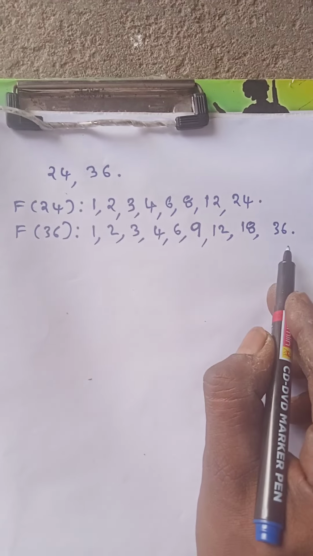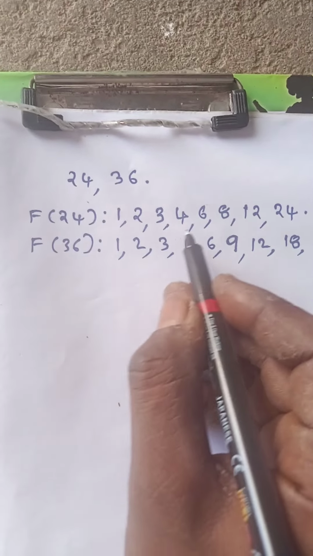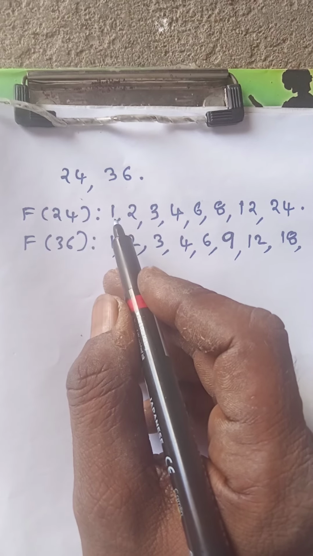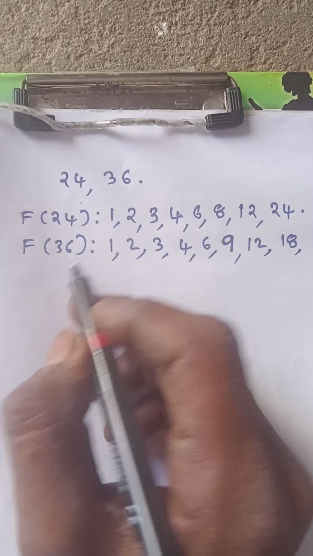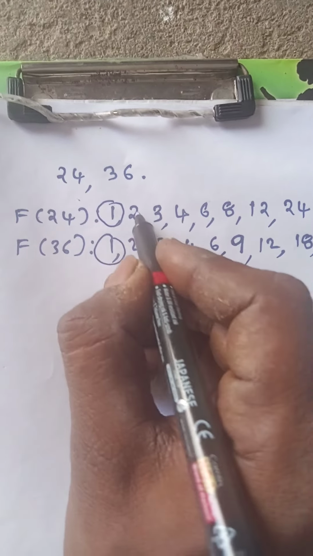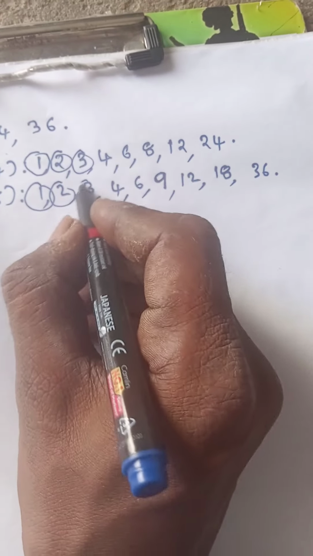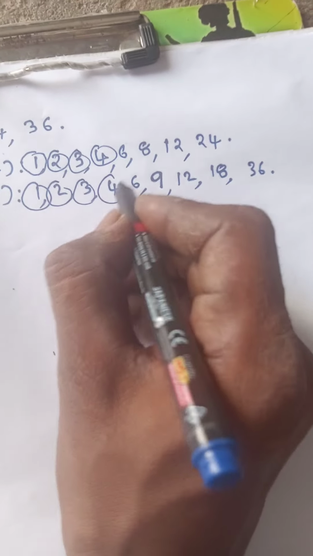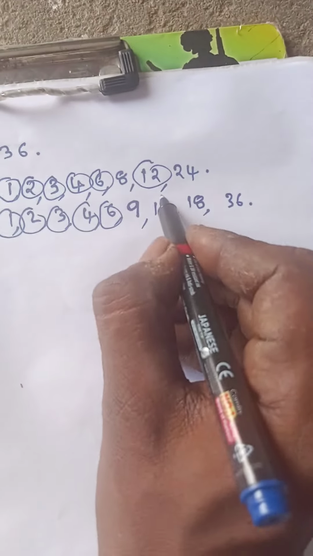Next, 36 1s are 36, so the last factor of 36 is 36 itself. Now I want to find the HCF. For that, you first need to identify the common factors of 24 and 36. I am encircling the common factors here. 4 is a common factor, 6 is also a common factor, and one more is 12.